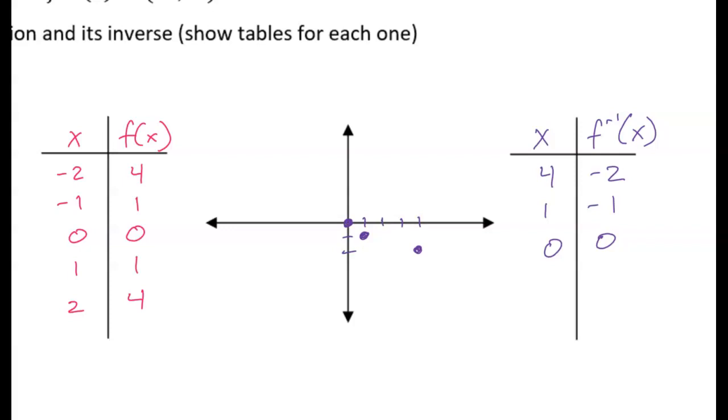What about the fourth point, Zachary? 1, 1. And both of those points remained in the exact same place because they're along the line y equals x. Eddie, what about our last point? Beautiful. And I connect these points.